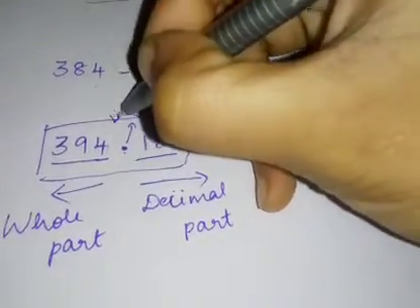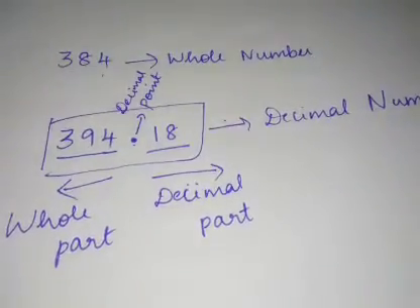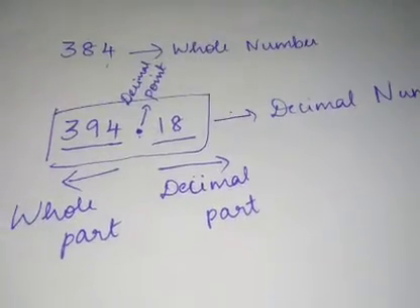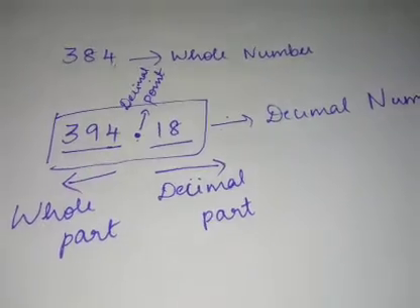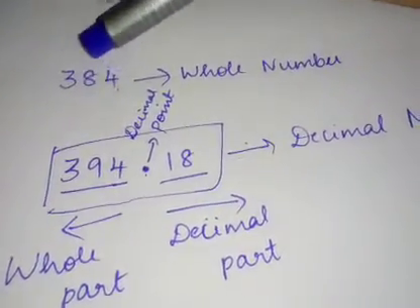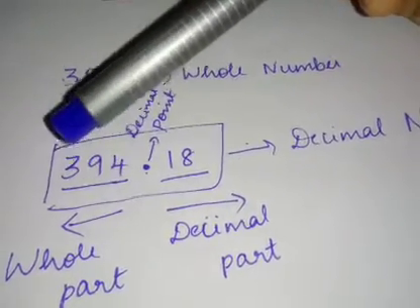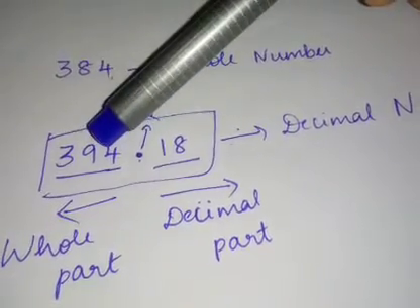This decimal point is what separates the whole part and the decimal part. The whole part is nothing but the usual whole number. So how will you pronounce this whole number? 384. The same way you will pronounce the whole part here, which is 394.